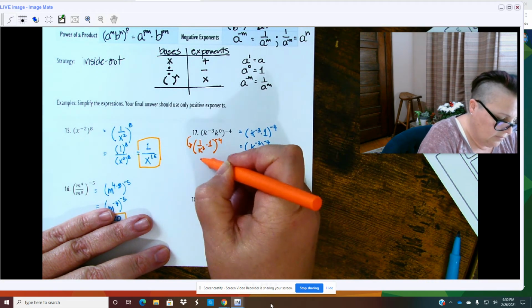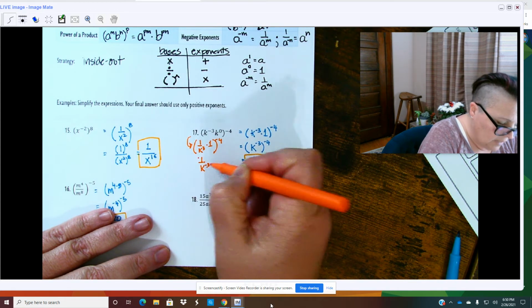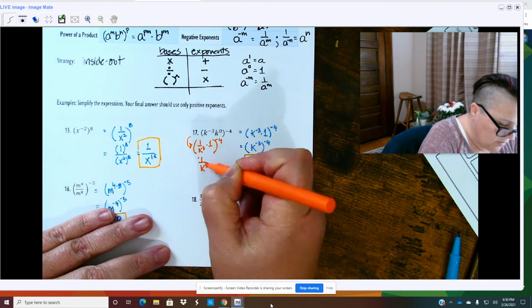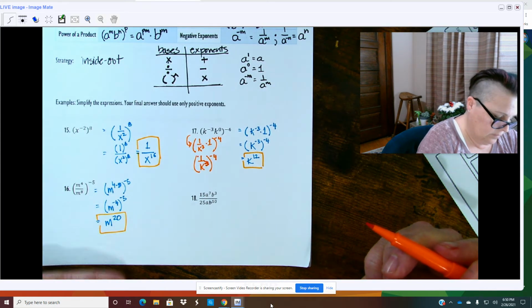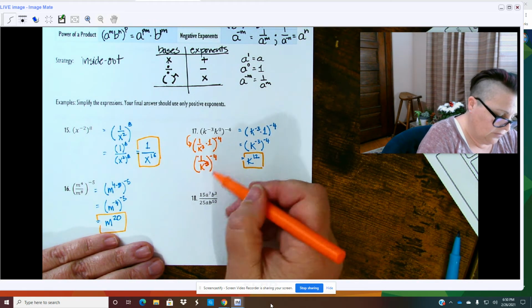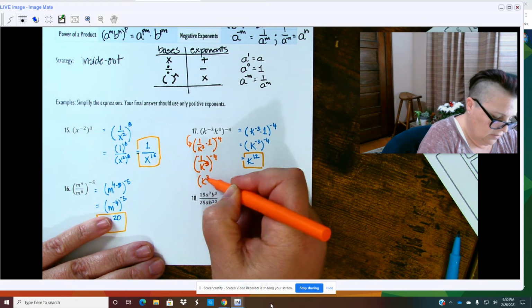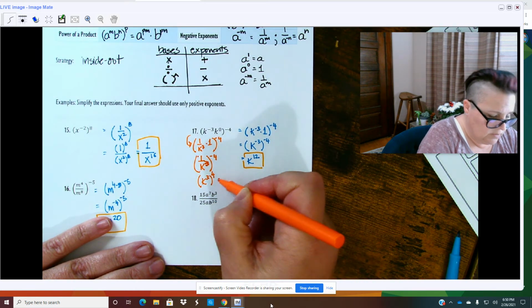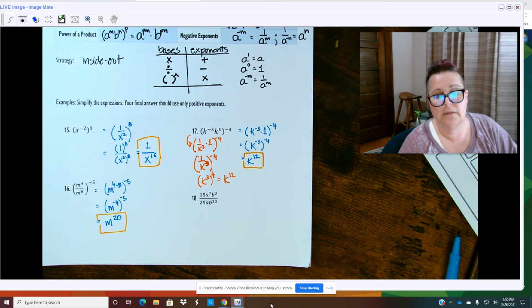So that's going to give me 1 over k to the 3rd, sorry, not negative, k to the 3rd to the negative 4th. The negative 4th says I need to flip this. So now that's going to be k to the 3rd to the 4th, which is still k to the 12th. Whew, same answer.